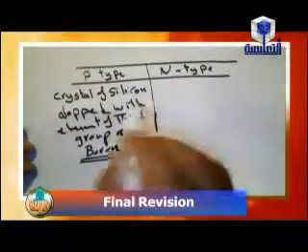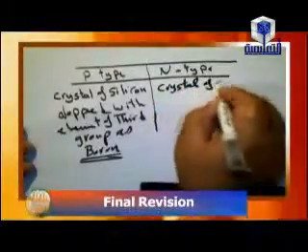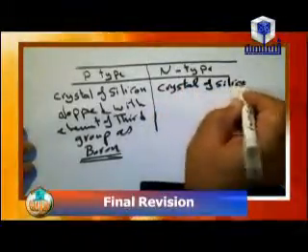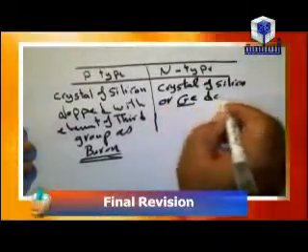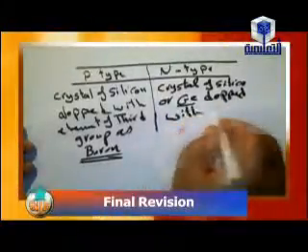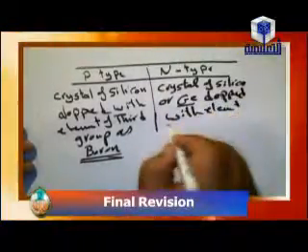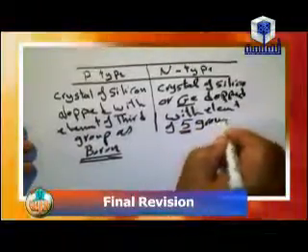But N-type crystal of silicon or germanium doped with element of fifth group as antimony.